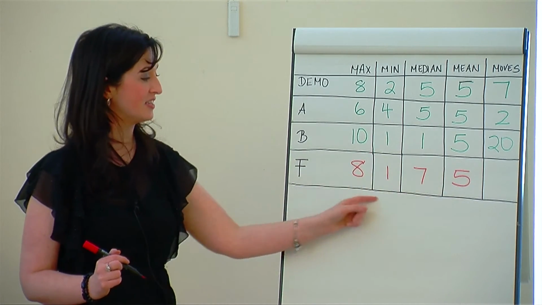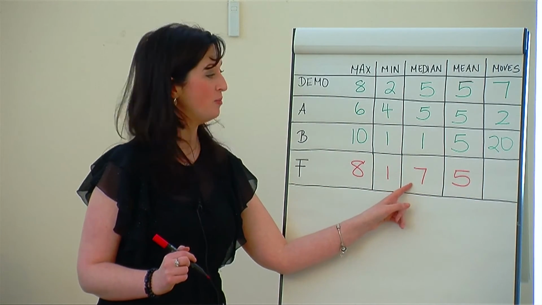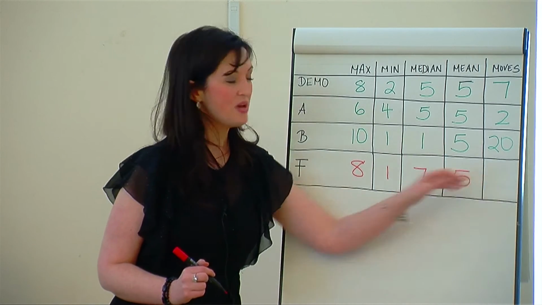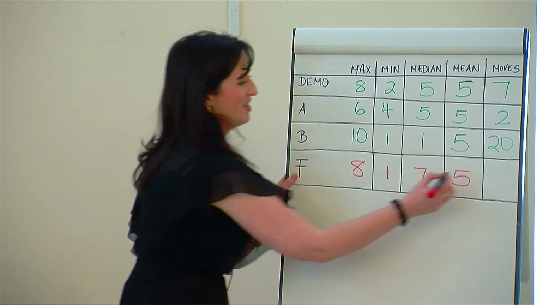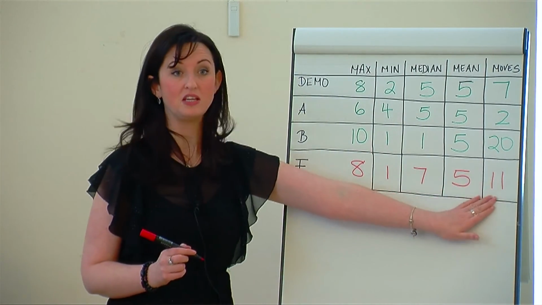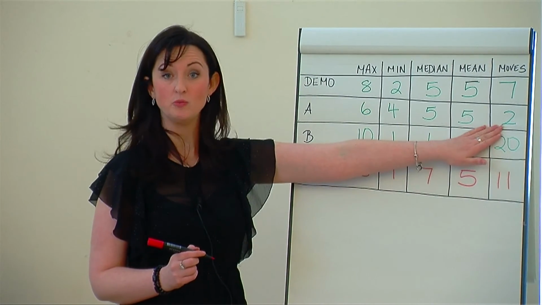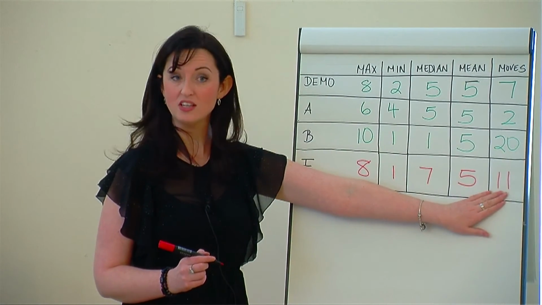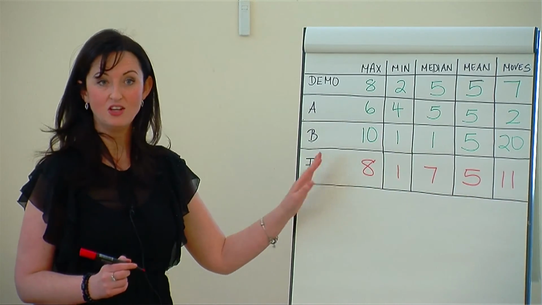This is flagging variation for me. So how many moves did it take? 11. So we're right, because 11 is quite a lot of moves to make it fair, compared to a distribution that had only 2 moves. So there's quite a lot of variation here, and the numbers tell us that story.